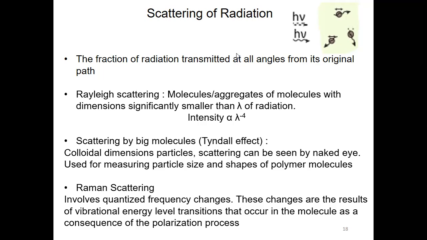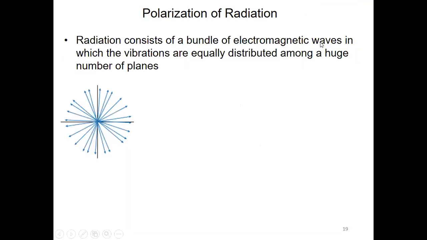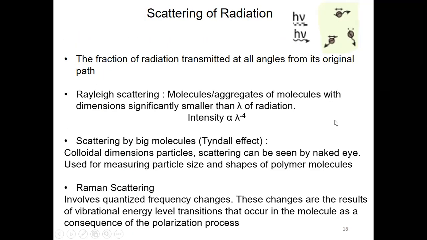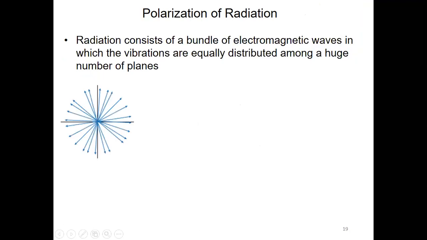Sometimes when you do research and read articles, you will come across that terminology, UV extinction. UV extinction is the most accurate term. Extinction has both an absorption part as well as a scattering part, right? So that is about the scattering of radiation and the polarization.